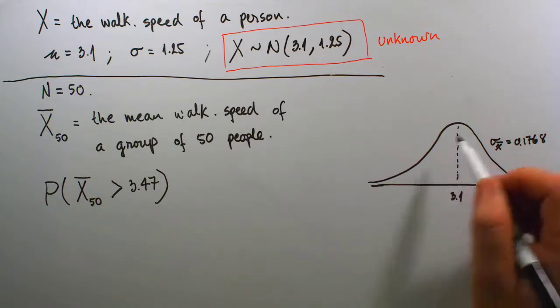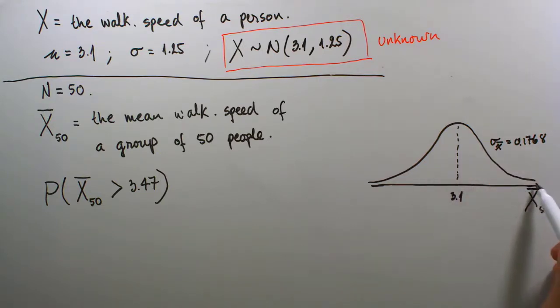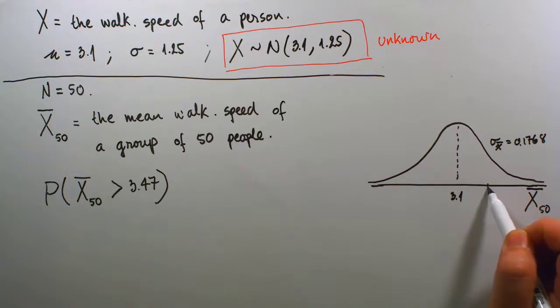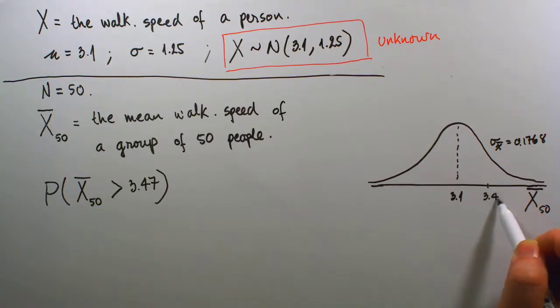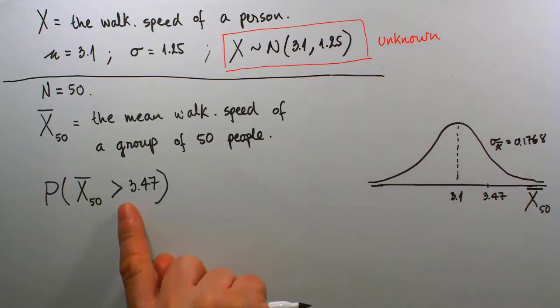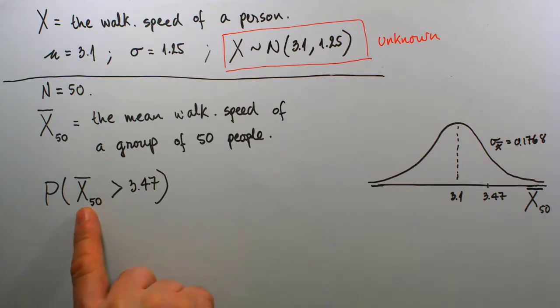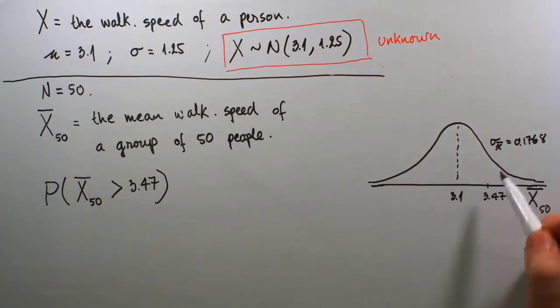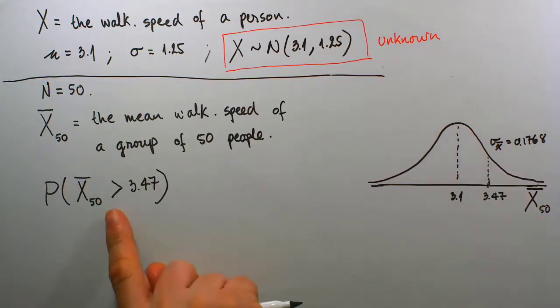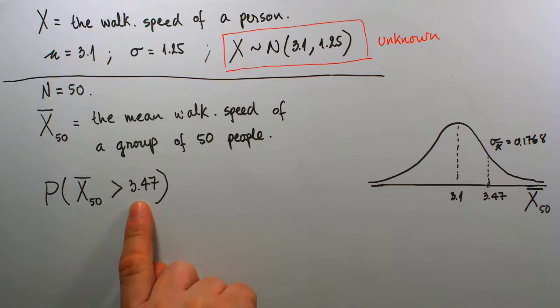So on this bell curve that we have already verified for capital X bar 50, 3.1 is at the center, and 3.47 is somewhere to the right hand side because it's higher than the center. As the problem indicates, we're looking specifically for a sample mean being above 3.47.